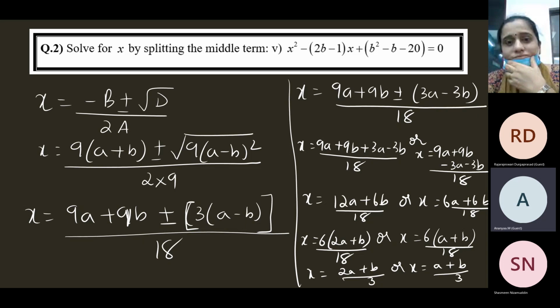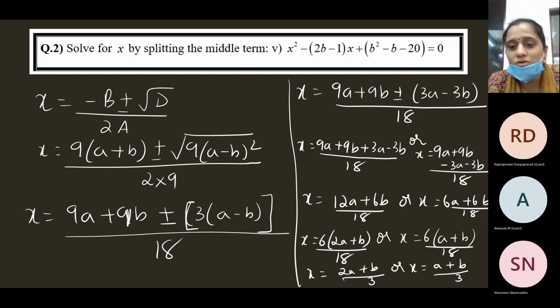No, the second value of x is a plus 2b by 3. I got it as a plus 2b by 3. So my sign somewhere has gone wrong, is it? Okay, 9a plus 9b plus 3a minus 3b by 18, 9a plus 9b plus 3b.